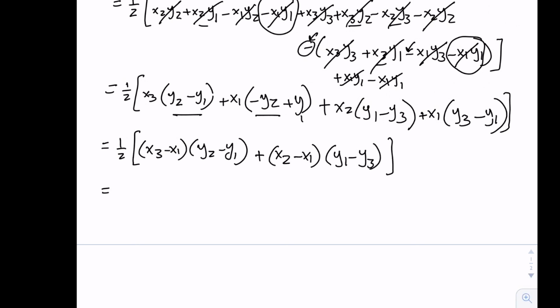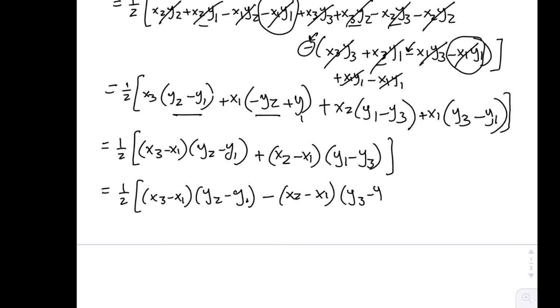Or equivalently, we can write (x3 minus x1)(y2 minus y1) minus (x2 minus x1)(y3 minus y1). And this is the equation that we are looking for.